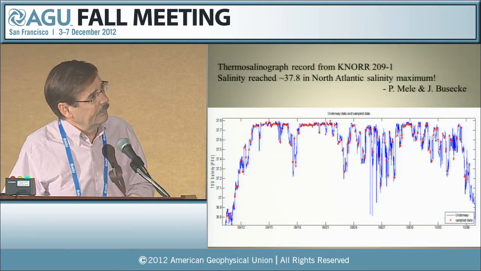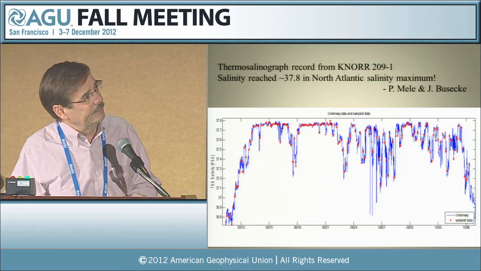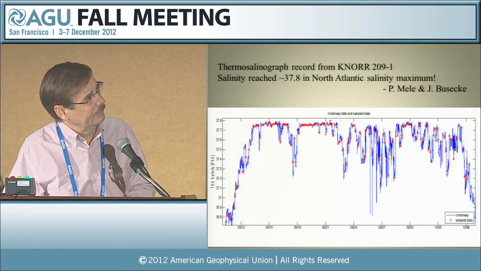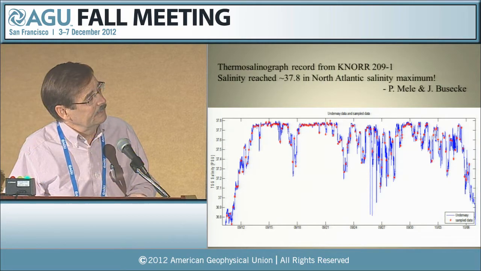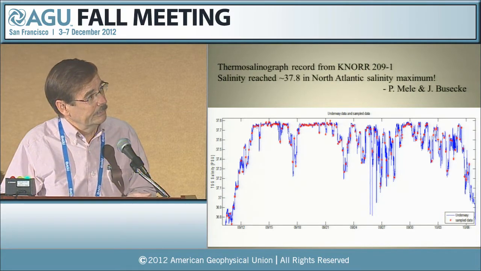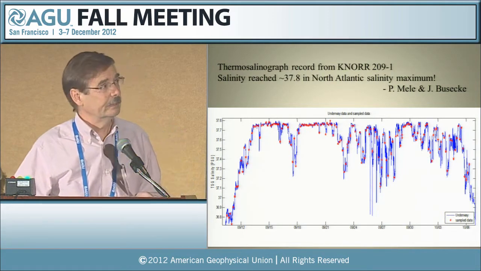Here's a thermosalinograph record from the cruise, and I find this quite striking and quite an interesting observation. When we got into the salinity maximum, it was approaching 37.8 in salinity, much higher than I had expected. And when we got there, it was as if we had saturated an amplifier.